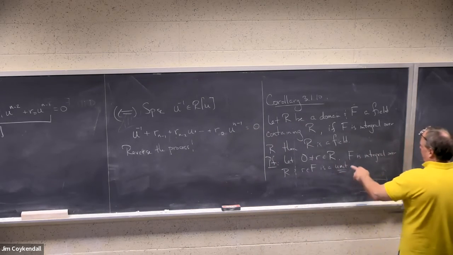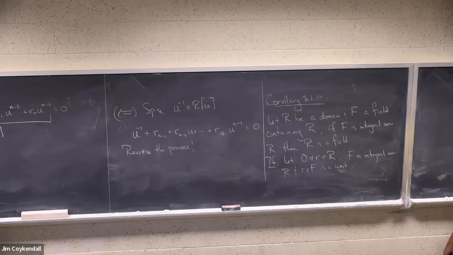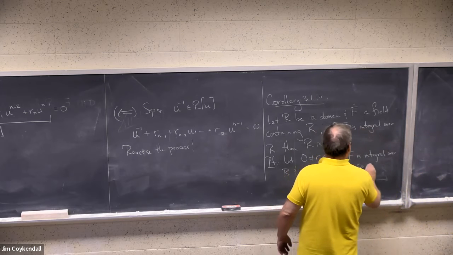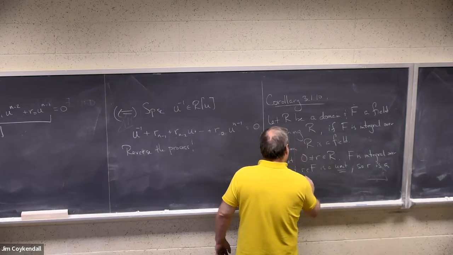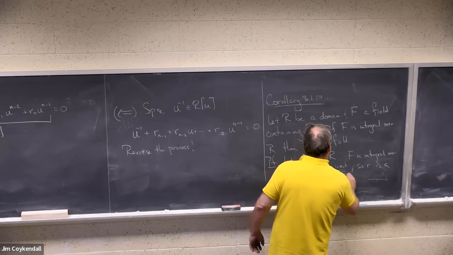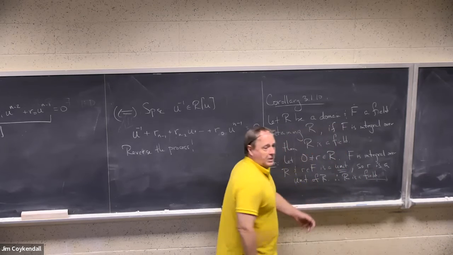So since F is an integral extension, and R is a unit in F, since it's a unit up there, it had to have been a unit down there. Therefore R is a field, because every non-zero element must be a unit.